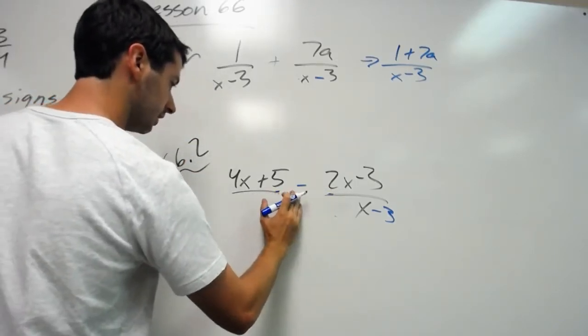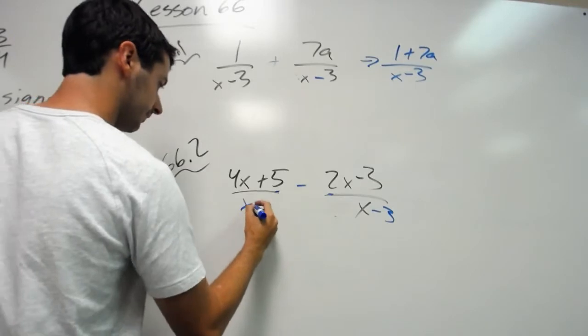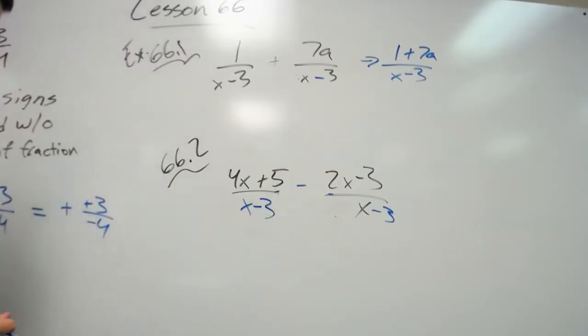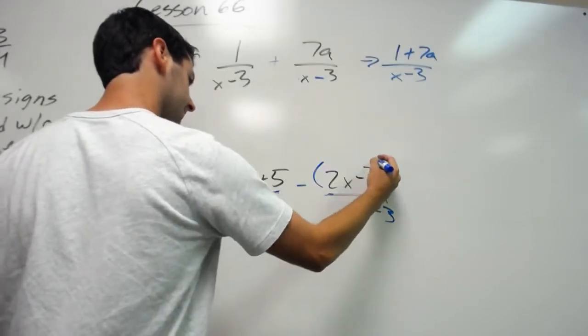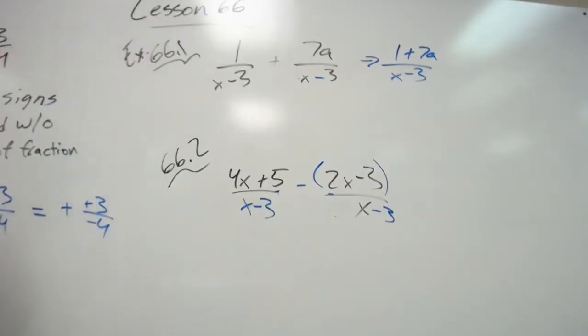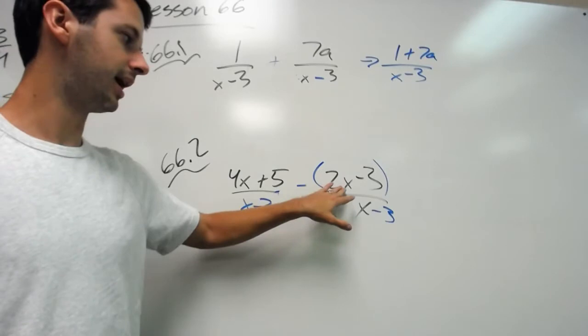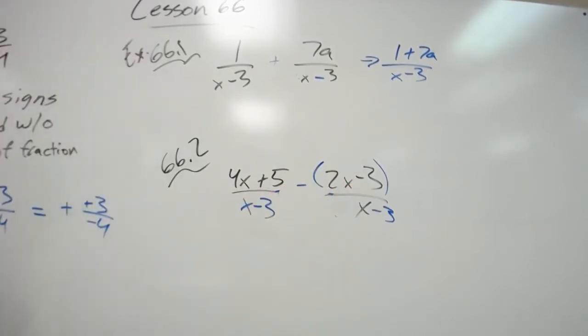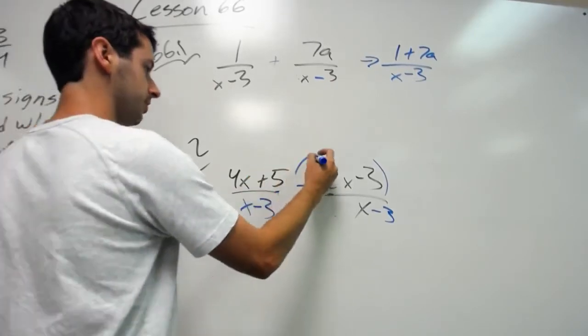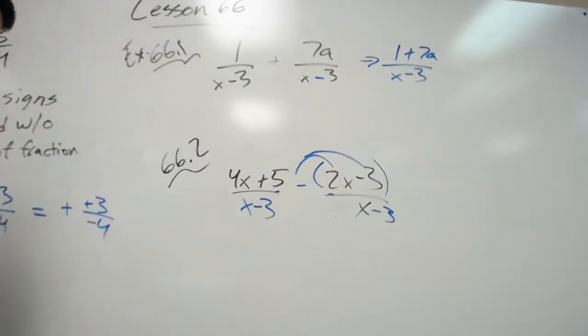I do have to say this. When I make this top negative, like I said before, I am making the identity of this sum, 2x minus 3, I'm turning that whole thing negative. So what I'm actually doing is distributing the negative to both. So this is actually going to look different.